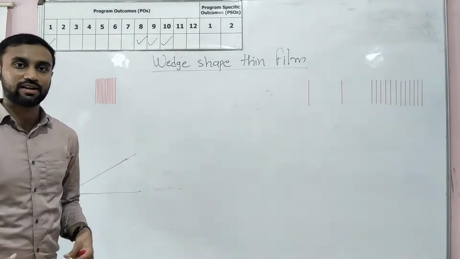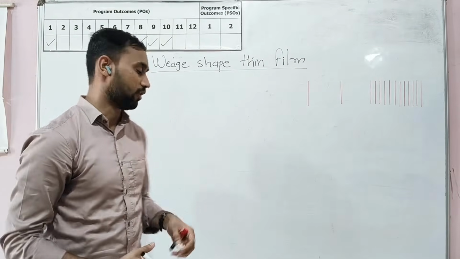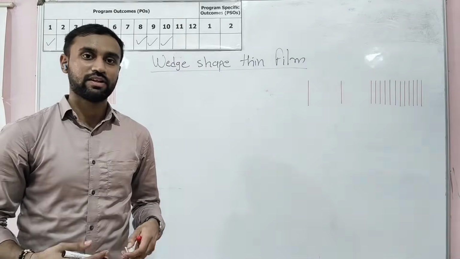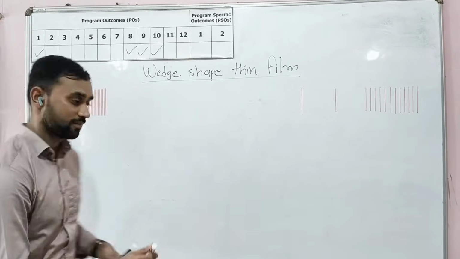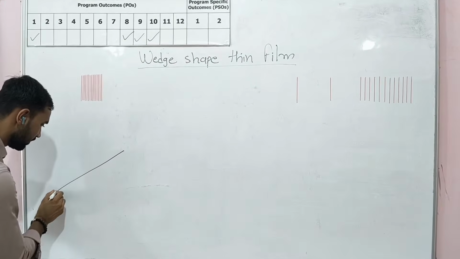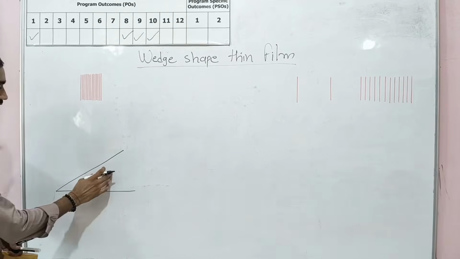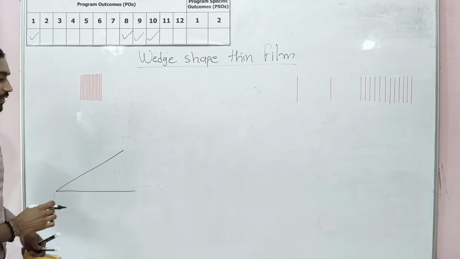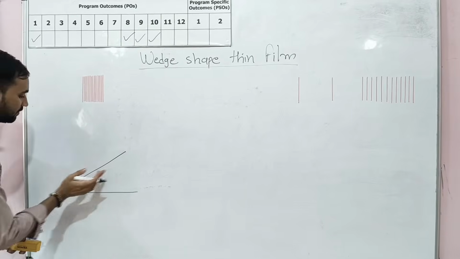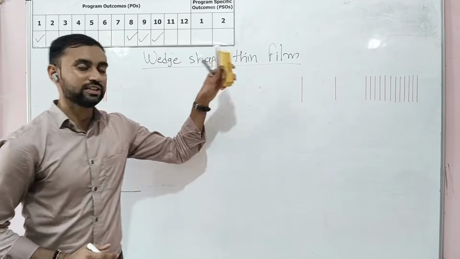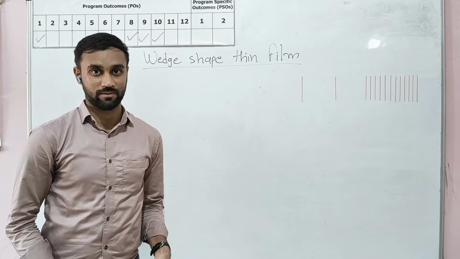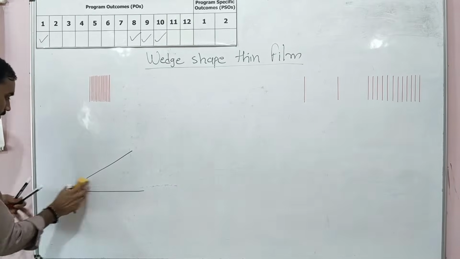So how can I create an optical medium or a thin film which has thickness in the range of a few micrometers? So see, this is my wedge shape. But how can I create a wedge shaped thin film, an optical medium having wedge shape with thickness in the range of a few micrometers? So here is how you can do it.